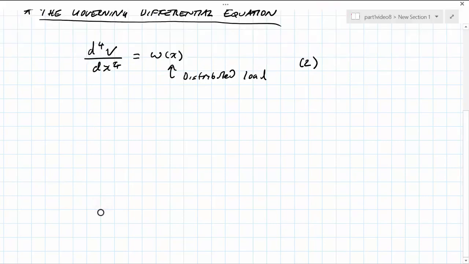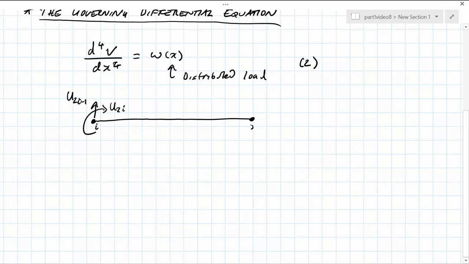Let us remind ourselves of what a beam bending element looks like. The displacements are u_2i−1 and u_2i at node i, and u_2j−1 and u_2j at node j.